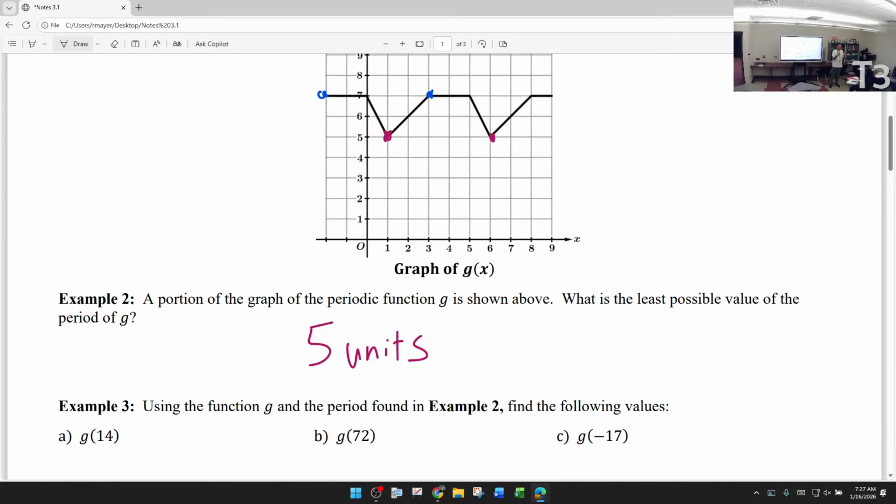So because it repeats every 5, it actually also repeats every 10. And that makes it really nice because g of 14 will be the exact same value as g of 4. And if you don't want to go 10, then you'll just go 5, which is 9. Oh, and I actually have 9, so I could use 9. And if you don't want to use 9, we'll use 4, because again, those are the same values.